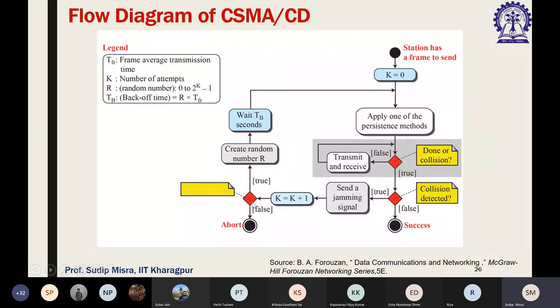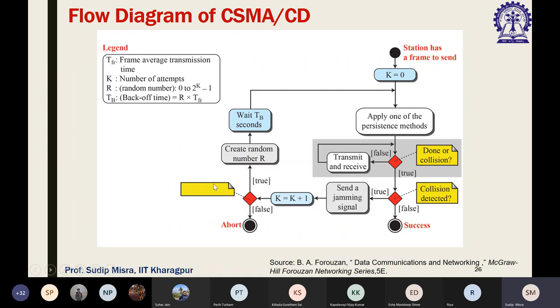Okay, then you find out... increase k to k plus 1, and then what you do is you check if the value of k has reached the maximum value 15 or not, right? This is the maximum number of attempts.